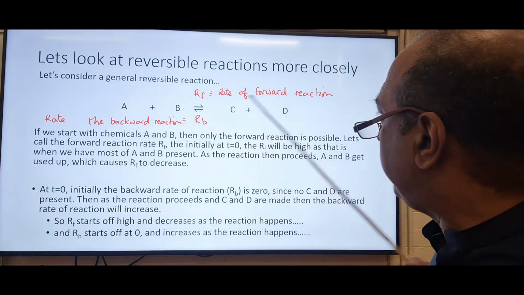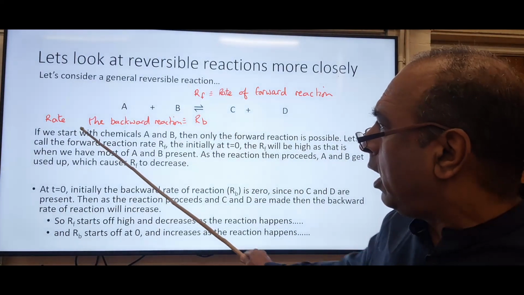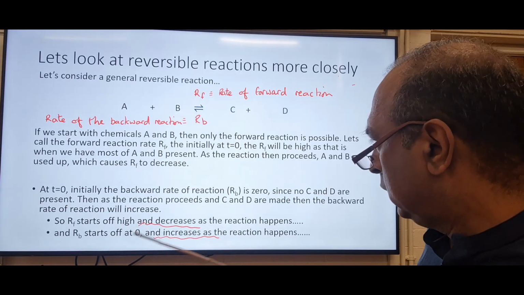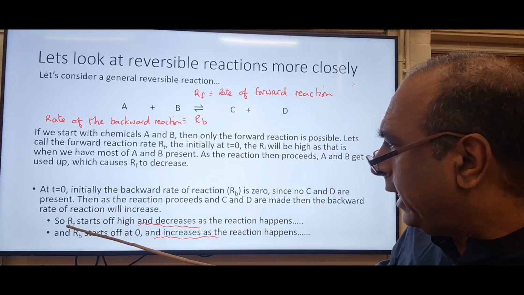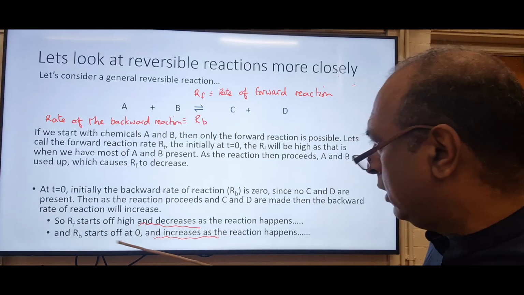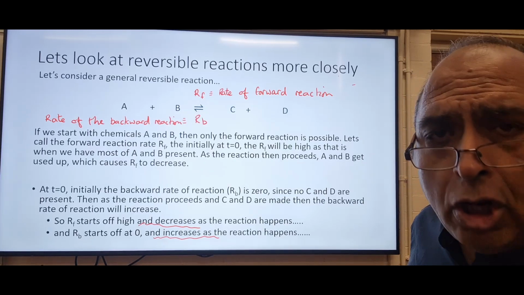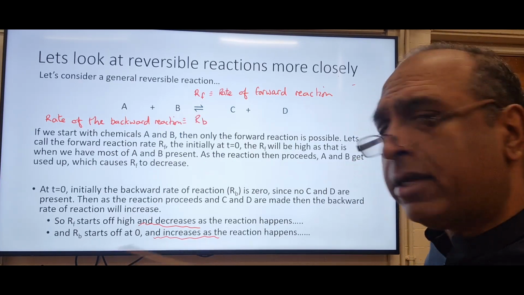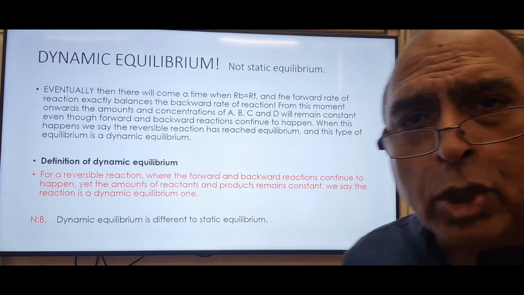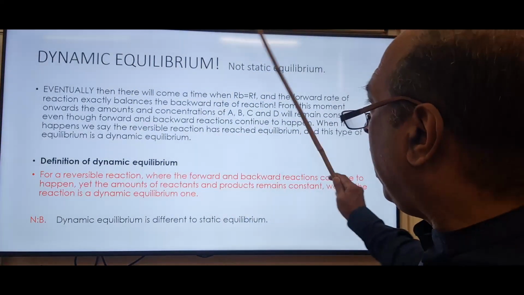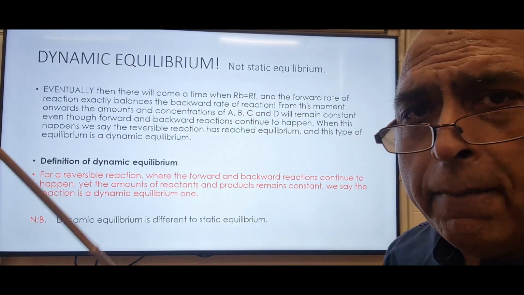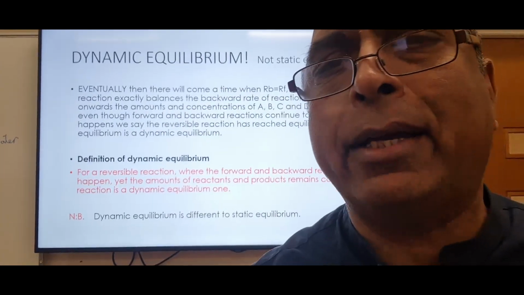RF is the rate of the forward reaction. Rate of the backward reaction is RB. At the beginning, RF starts off high and decreases, and the rate backward starts off as 0 and increases. Eventually, there will come a time when the RF, the rate forward, is exactly balanced by the RB, the rate backward.